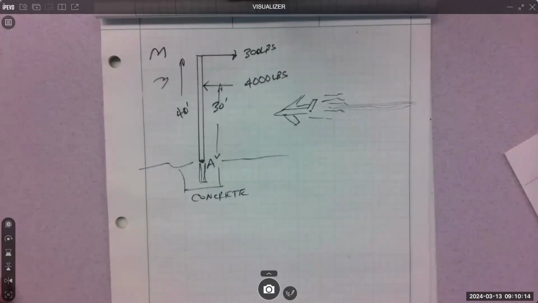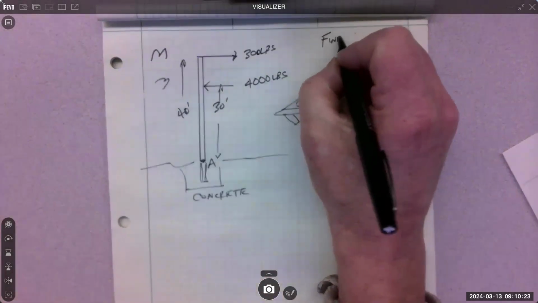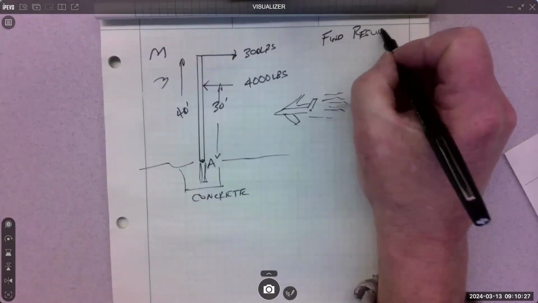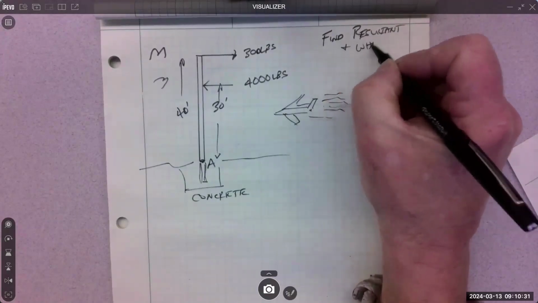Yeah, so the problem I'd say, find the resultant R and where it is located on the pole.